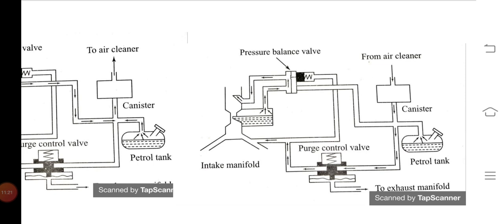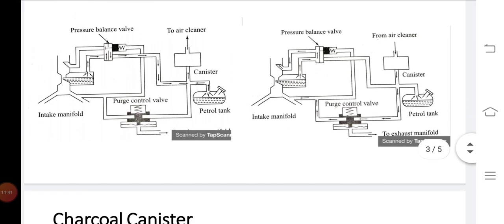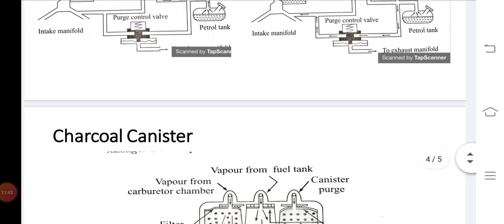During the running conditions, the fuels are coming back from the charcoal canisters and sent back to the intake manifold. So this is the evaporation loss control device.